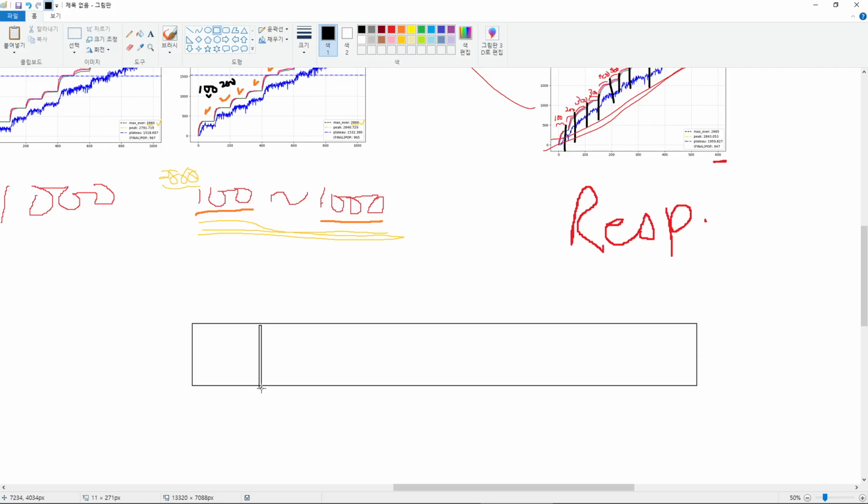So first 10 items, second 10 items, third 10 items, fourth 10 items, and this goes on until the entirety of 100 items and their related values.